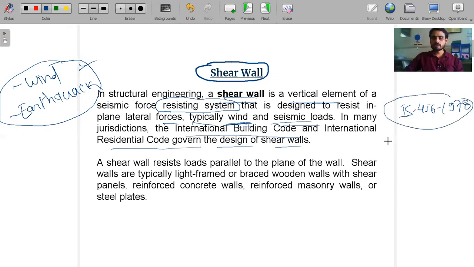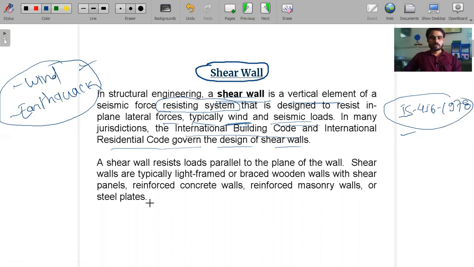And if we talk about the IS code regarding earthquake, in both codes a complete procedure has not been discussed regarding shear wall. So we have to use both of them for the calculation of various parameters, and various other sources also.